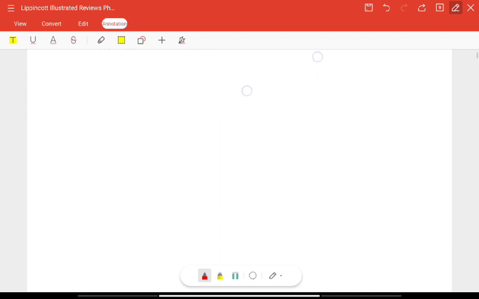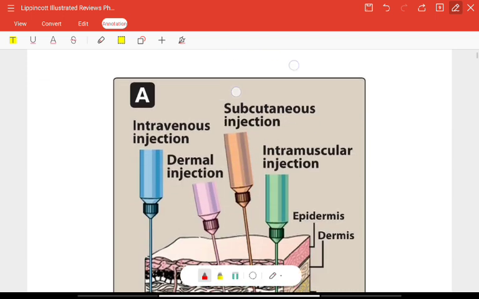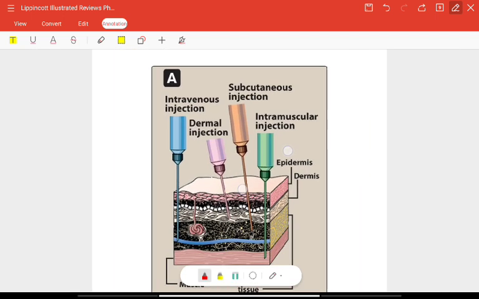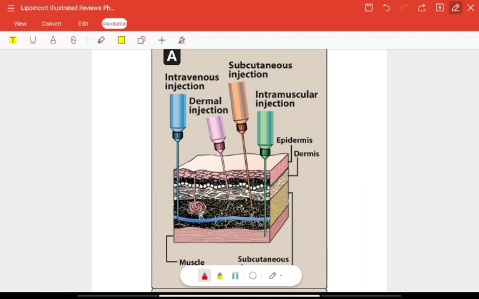Now we are going to study the parenteral routes. Mainly there is IV injection, ID injection, intradermal. This is the layer of the skin. The lowest part is the muscle, and then there is the subcutaneous layer, dermis layer, and epidermis.